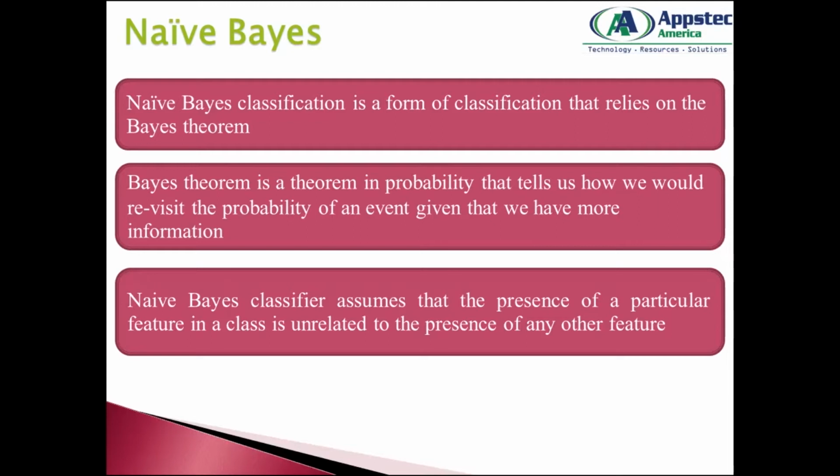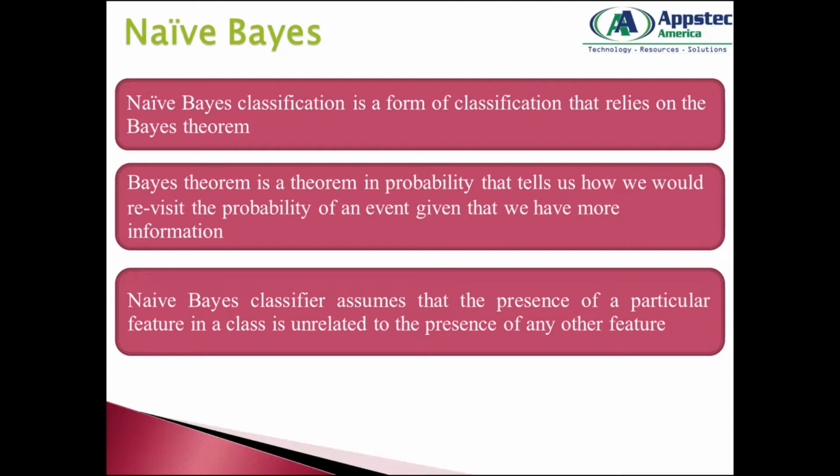Okay, so Bayes theorem is very popular in machine learning. When we talk about Gaussian, we talk about Bayesian. Thomas Bayes is actually an English statistician and philosopher who created this Bayes theorem that we are going to see in the upcoming slide.